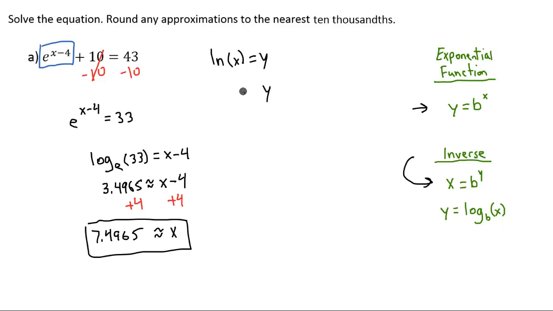And that's going to be the same thing as if you had log base e of x. So in my equation, we had log base e of 33. You could write that as the natural log of 33. And that's going to give us 3.4965 as well. So either way would work.